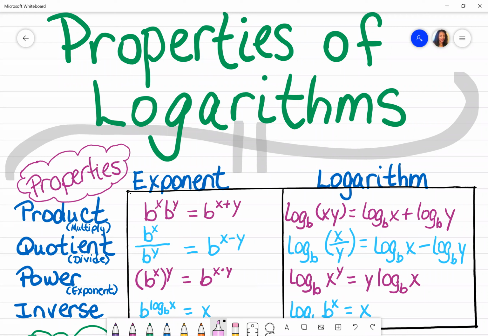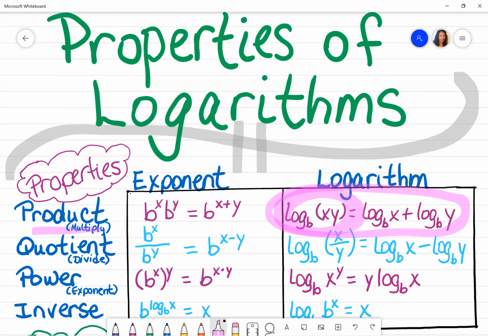So if I am looking at my logarithms for specifically the product property, this is what my problem setup will typically look like, so like this side wouldn't be shown. You would have two logs added together. And if I were to condense that, that simply means that I'm going to rewrite it as what I just highlighted here.